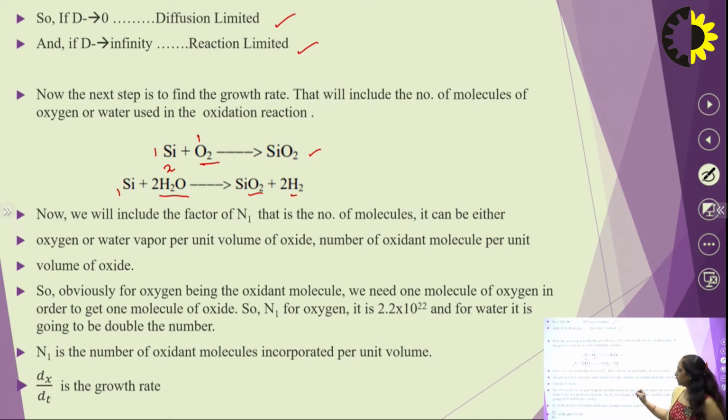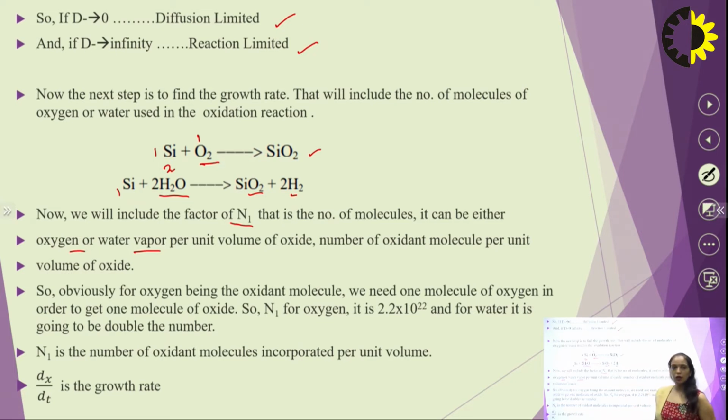So now we will include the factor N1, that is the number of molecules. It can be either of oxygen or water vapors per unit volume. So the number of oxidant molecules per unit volume of oxide.